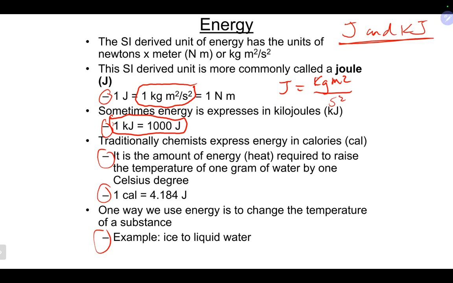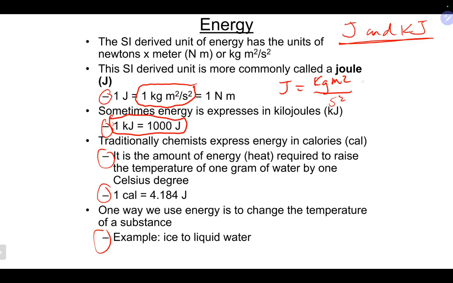Other really common units of energy that we come across in this class and other classes is the calorie, and that's a lowercase c calorie. A calorie is the amount of energy required to raise 1 gram of water by 1 degree Celsius.